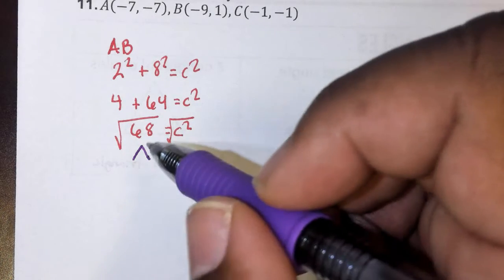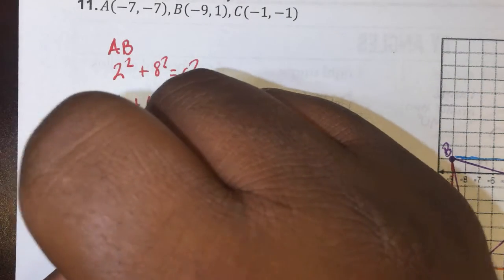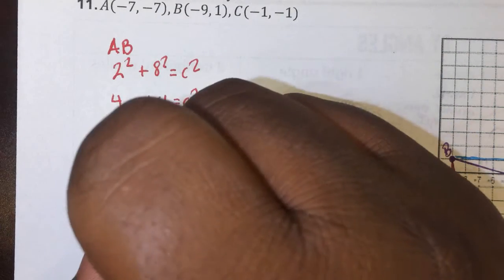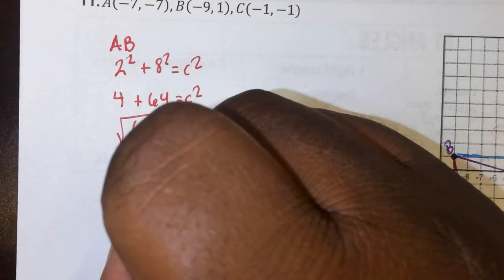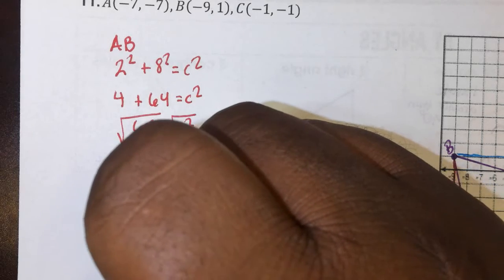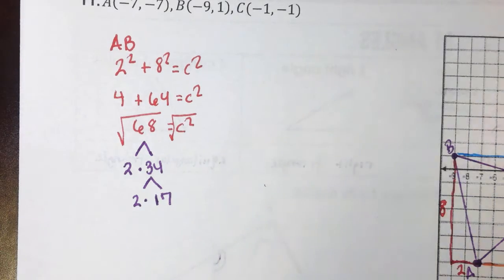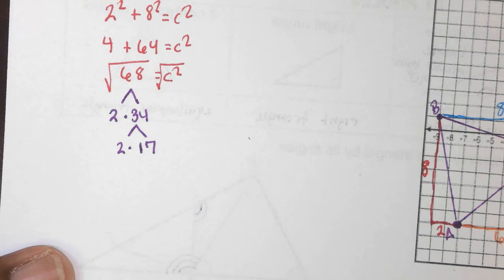If you can't think of two numbers, if this is an even number, you can always use 2. 2 times what will give me 68? 34. And then I can break that 34 down again too, because this is even. 2 times what will give me 34? 17. Y'all should know that 17 is a prime number. You can't break that down. You're just looking for your doubles.